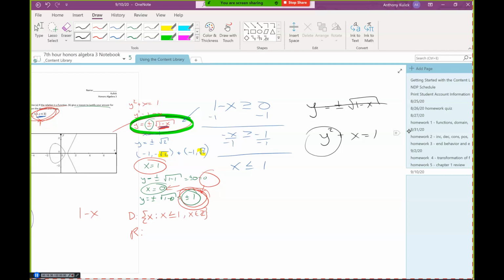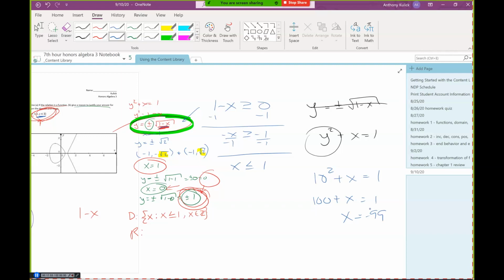Name a value for y. 10. Okay. So to get y equals 10, x just has to be -99. No matter what y value you pick, as long as it's an integer, I'll be able to find an x that gives me that y, right?